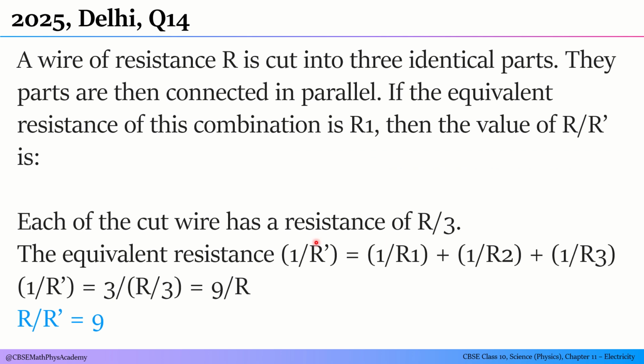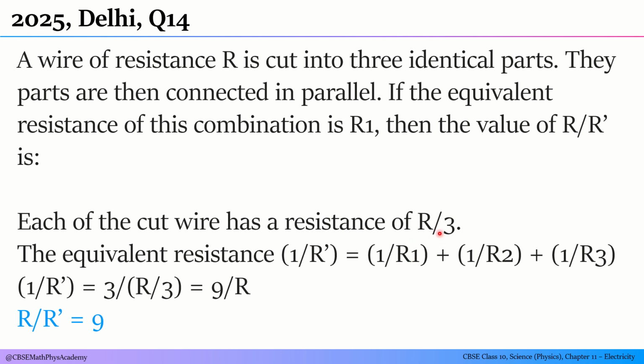So now each of the cut wires has a resistance of R by 3, because you need to note it is cut into 3 identical parts. So each of those parts will have a resistance of R by 3. And since they are connected in parallel, the equivalent resistance, called R1, is given by 1 by R dash equal to 1 by R1 plus 1 by R2 plus 1 by R3.